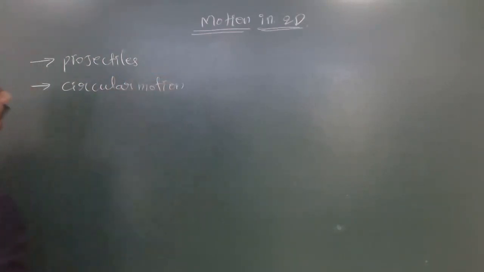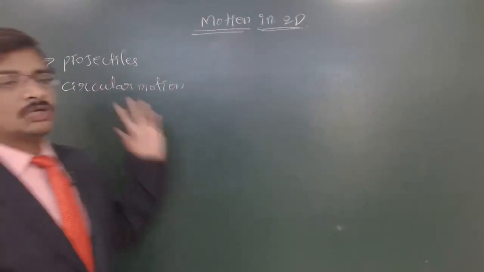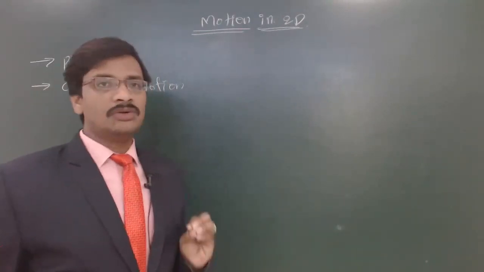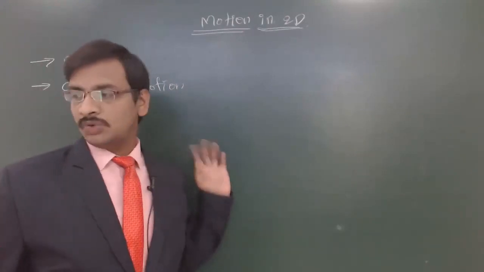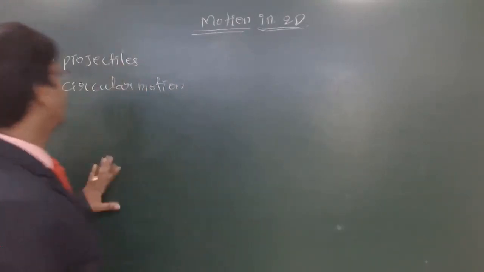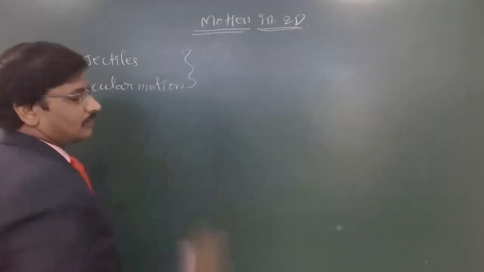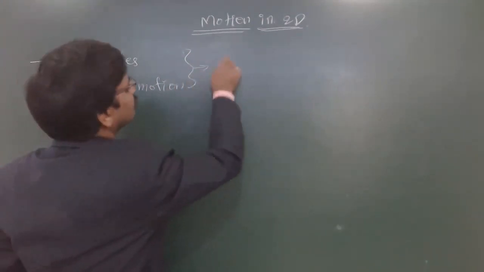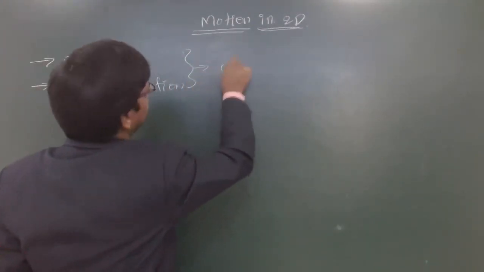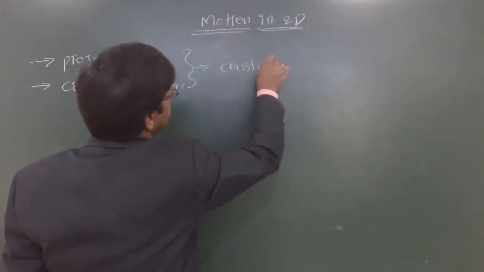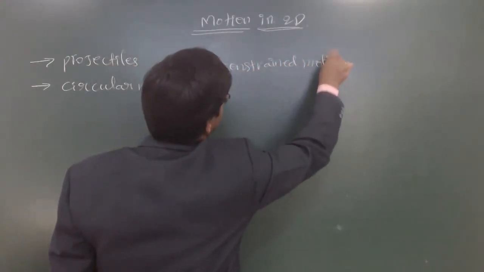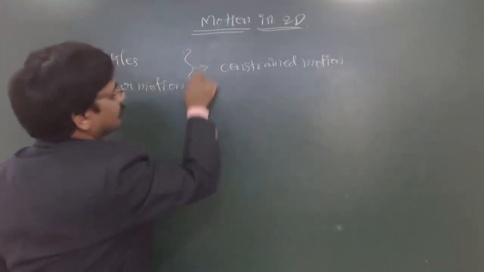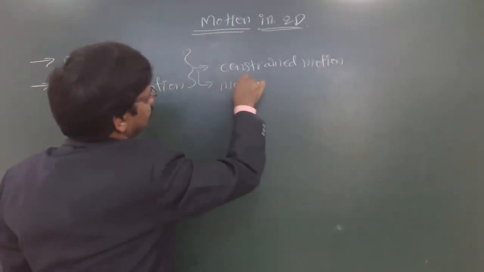These are the two important motions we are going to deal with in case of 2D. But the scope is not limited to only these types; the combination of these things leads to constrained motion, and motion under central forces.